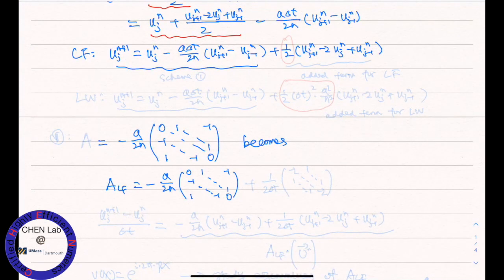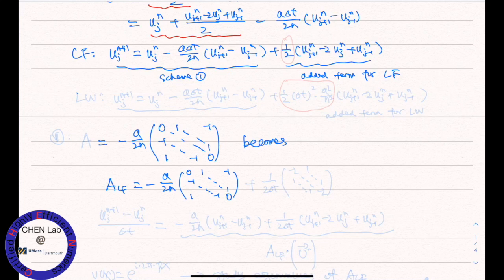So this part is just scheme 1, right? And we added the extra term. This is the added term for Lax Friedrichs, which hopefully would make the unstable scheme stable, we'll see.